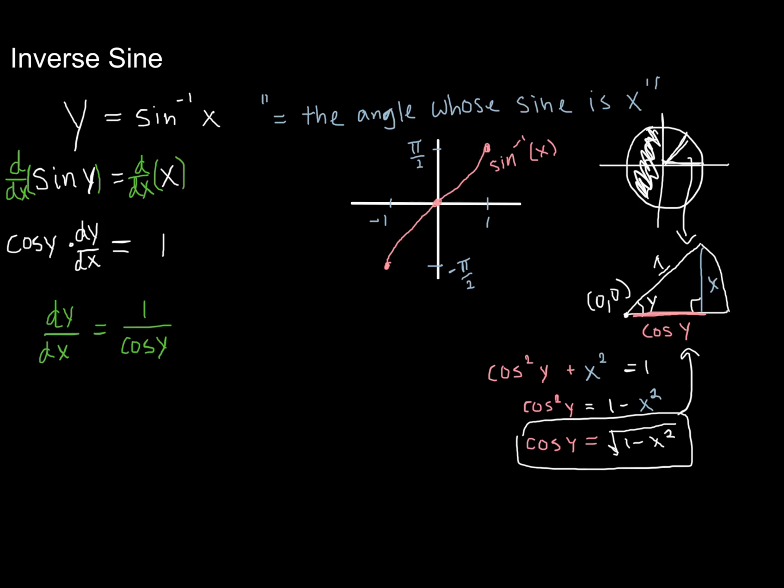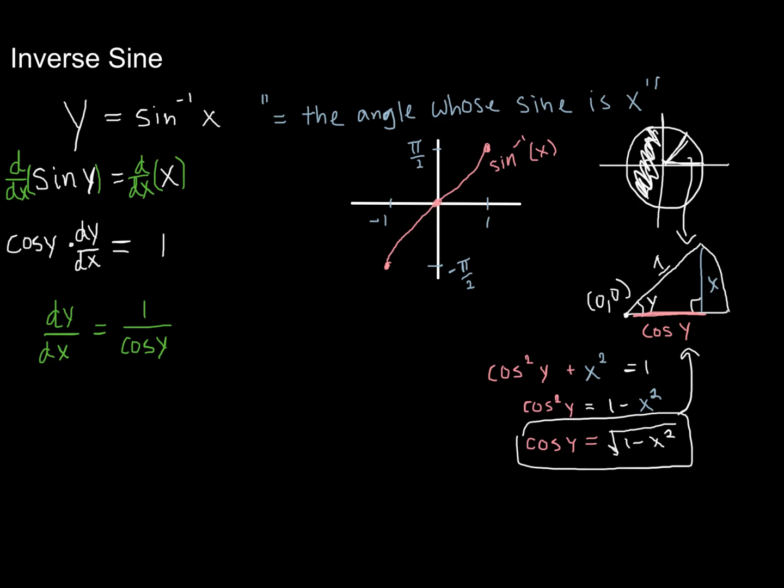Notice now that we have the derivative of y with respect to x, and it's determined by a function of y. And that's no good, because we want to find the derivative of y as x is changing, and so we'd like to be actually able to plug in an x value. But we've already kind of helped ourselves out in this regard because we wrote the cosine of y in terms of x as the square root of 1 minus x squared.